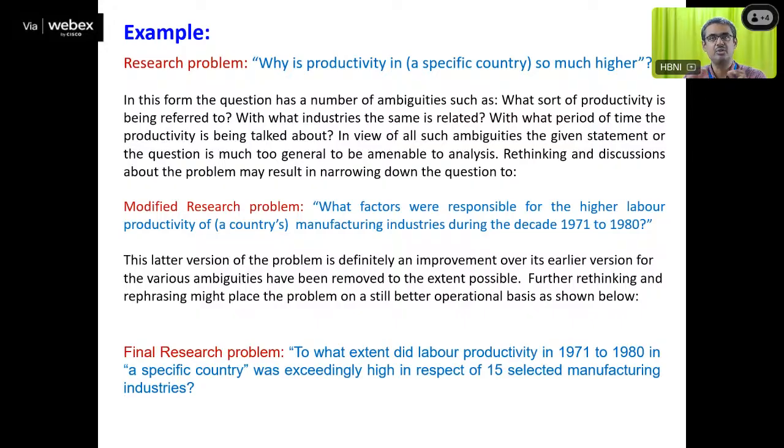So initially, jot it down in a general way; discussions with experts and a proper literature survey will help refine that into a modified research problem, and further insights will lead to rephrasing and stating the final research problem. Okay, this is how you can improve.